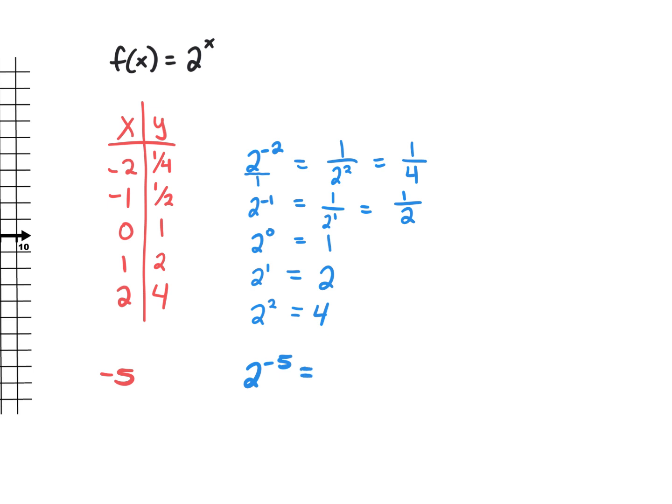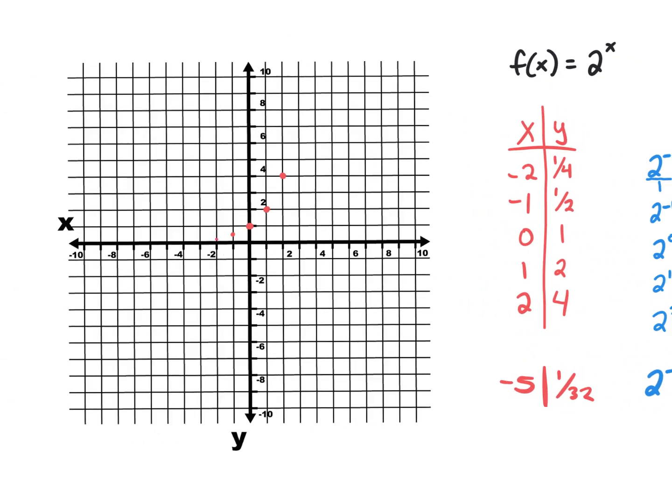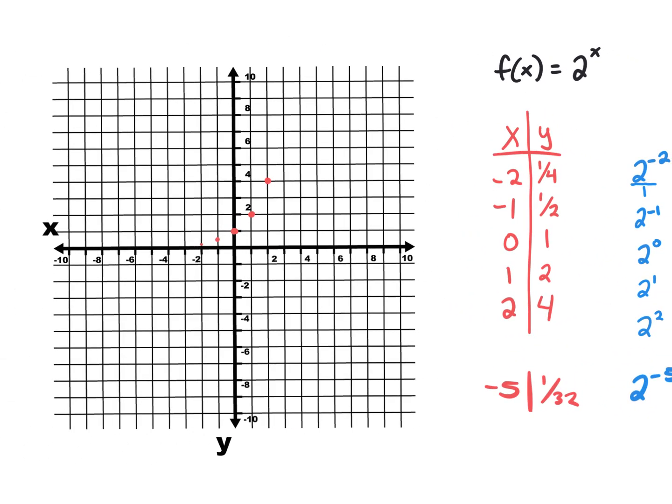Nope, so this turns into 1 over 2 to the 5th. What is 2 to the 5th? 32. So our y value here is 1 over 32. Go graph that. I'm at -5 right here, and that 1/32 is just barely above that x-axis.